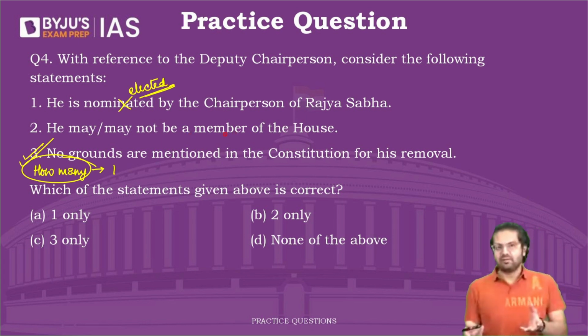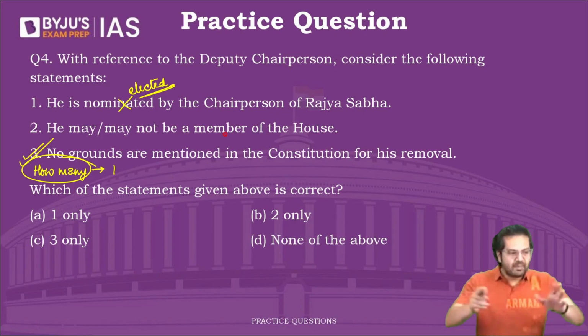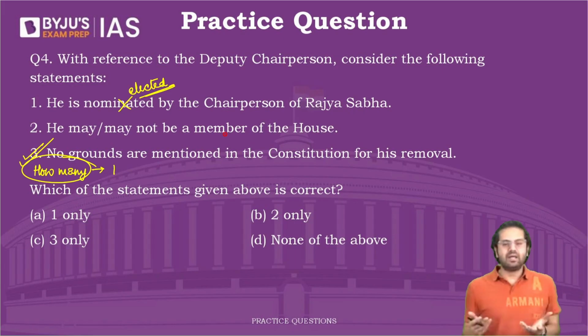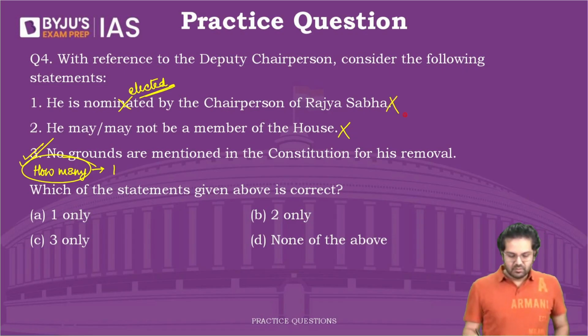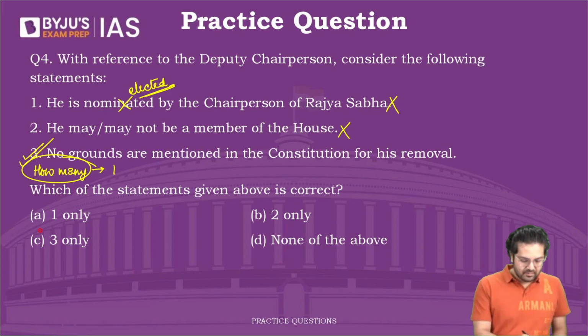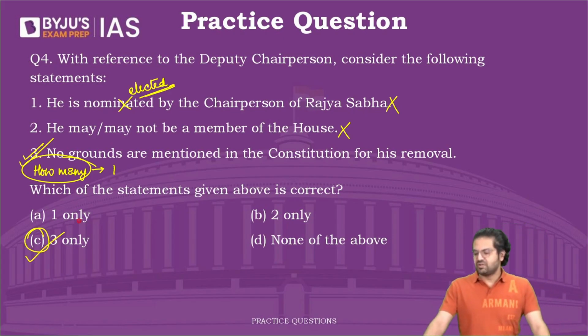Deputy chairperson, speaker, deputy speaker, these people are chosen from amongst the House only. How can they not be a member of the House? So this is also wrong. So which other statement is correct? Statement number 3 is correct. That's why I said read the question carefully. Okay.